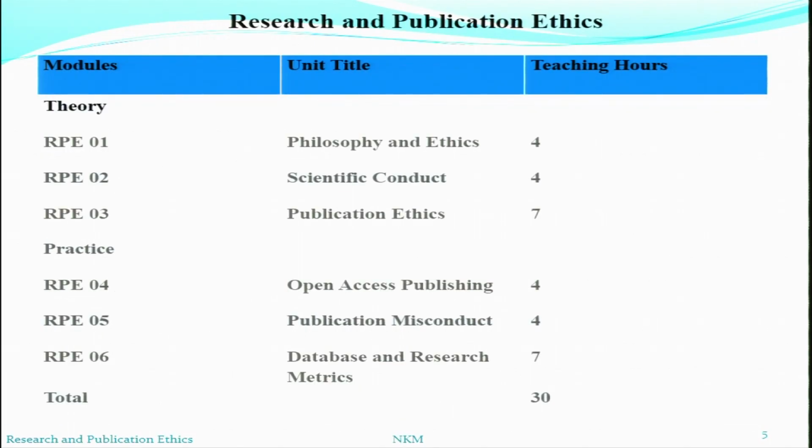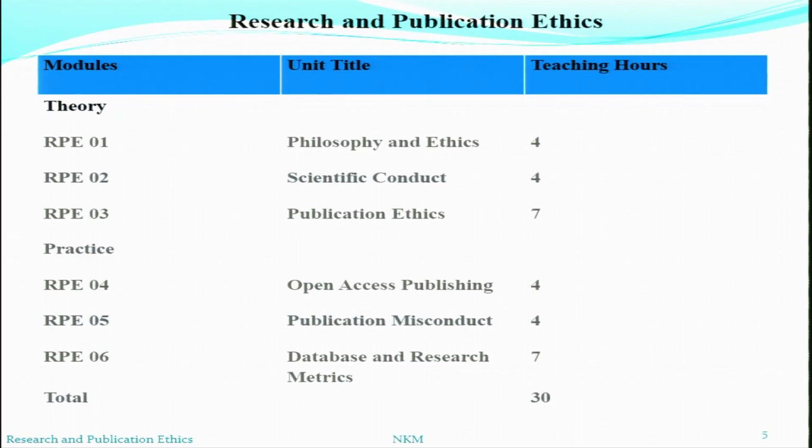So, let us talk about the course structure of this course, Research and Publication Ethics. In this course, we have 6 modules. 3 modules are in the theory section and 3 are in the practice section. In the theory section, in unit 1, we will be studying philosophy and ethics.